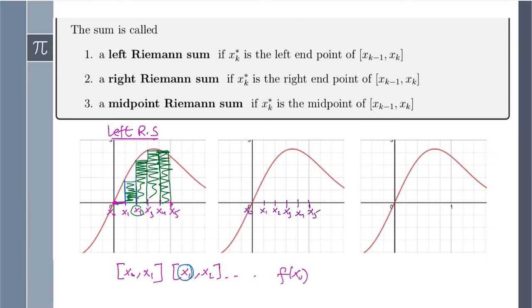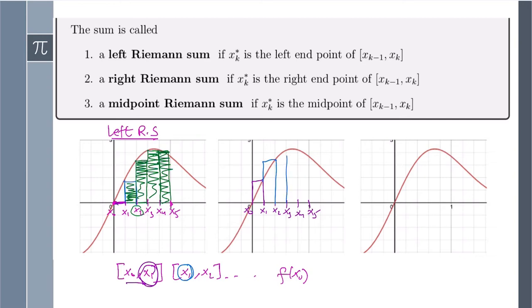Now I'm going to take the right endpoint. From the first subinterval, x sub 1 is the point I'm going to take to determine the height of the first rectangle. So from here, I construct the height of the first rectangle. The first rectangle in the left sum was this rectangle with zero area. Now I have a taller rectangle. The height of the second rectangle is going to be determined by x sub 2, and this is how I'm going to construct that.